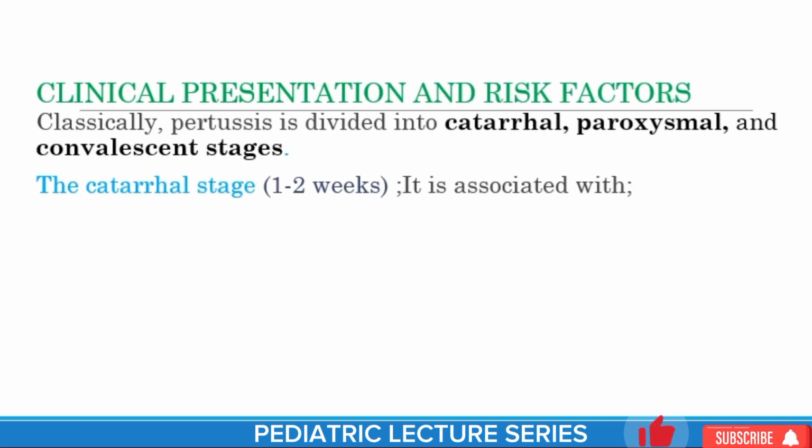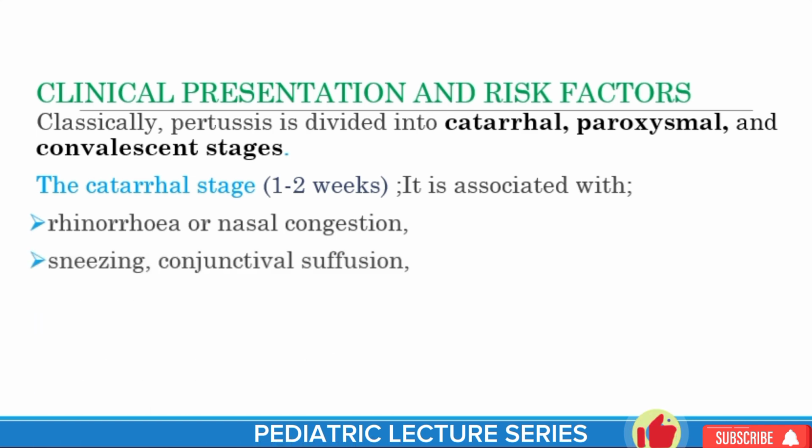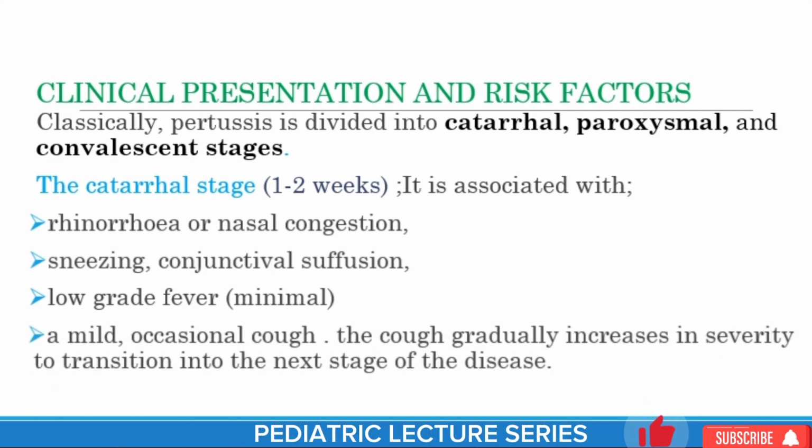So, in the clinical features, classically, pertussis is divided into 3 stages. That is catarrhal, paroxysmal, and convalescent stage. Under the catarrhal stage, that is the first 1 to 2 weeks, it's associated with the following features: rhinorrhea, that's a runny nose, nasal congestion, sneezing, conjunctival suffusion, low grade fever, this can be mild, and a mild occasional cough.